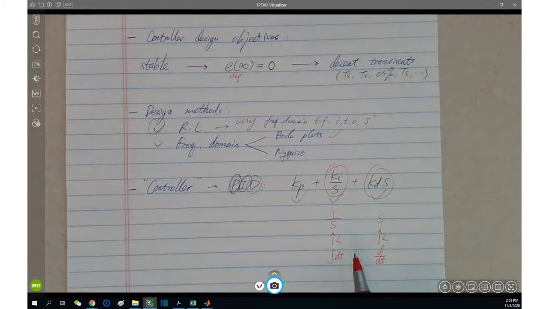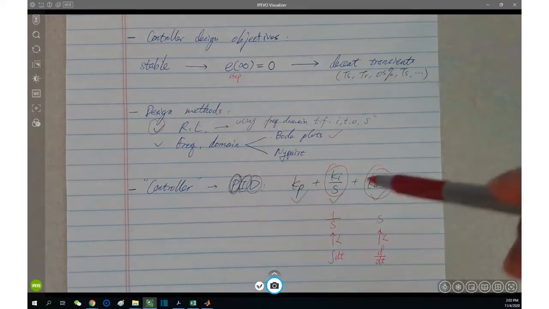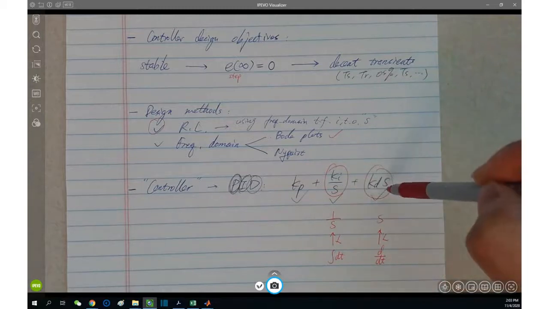The integral with respect to t, Laplace is equal to 1 over s. The derivative with respect to time t, the Laplace result is s. There's no function here, just the operator itself as a Laplace transfer function in the frequency domain. That's why this is the integral and this is the derivative.